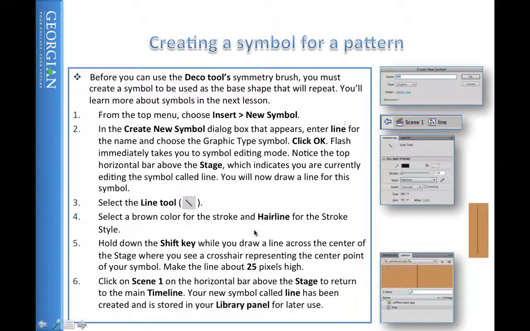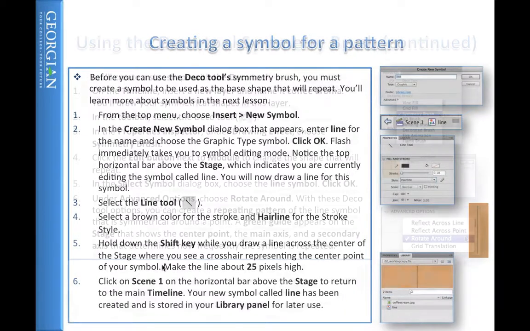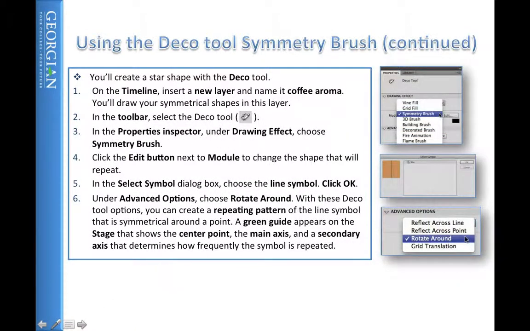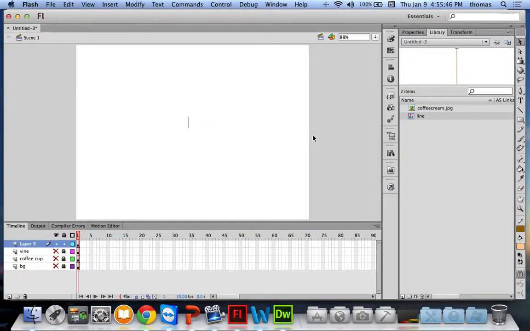If I go back to the PowerPoint, once I've got this line as an example, and I've created my symbol, here's my symbol, right? I can create a symmetry brush, right? Well, let's go back. So now I want to get rid of this line, so I don't need it here.